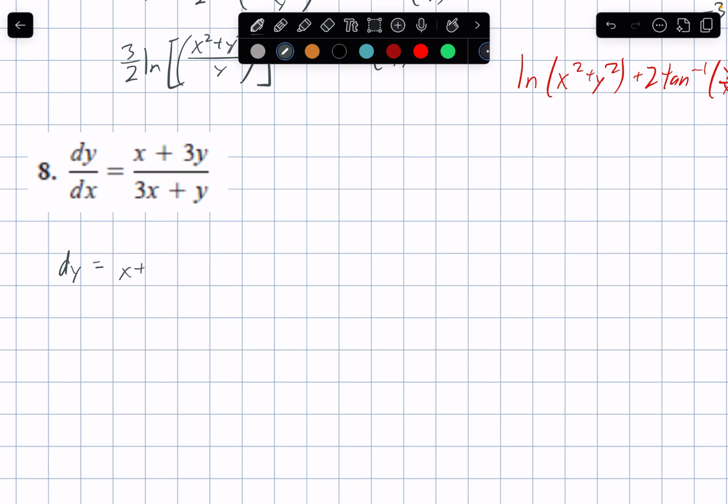So dy equal to, no, 3x plus y dy equal to x plus 3y dx. Is this even correct? Let me just verify.